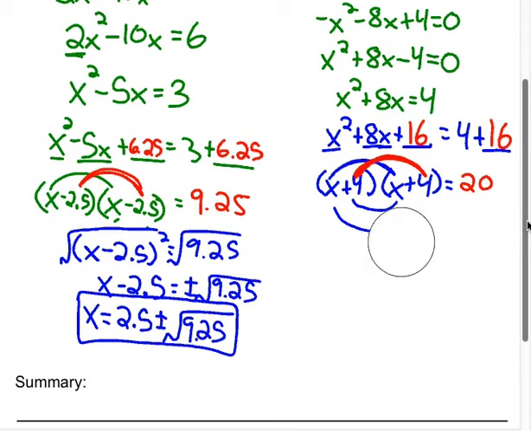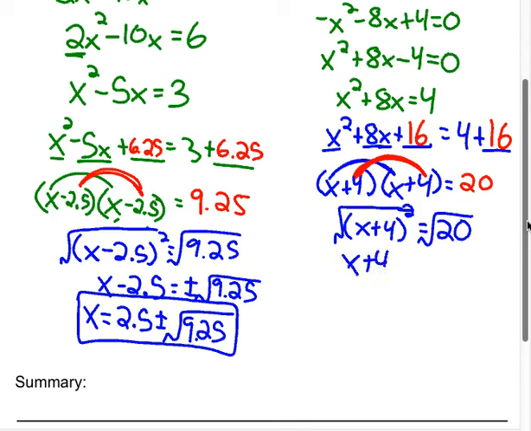And let's look at what I've got. So what I've got right now is x plus 4 squared equaling 20. Now let's run through the process. So now to finish it, I need to square root both sides.